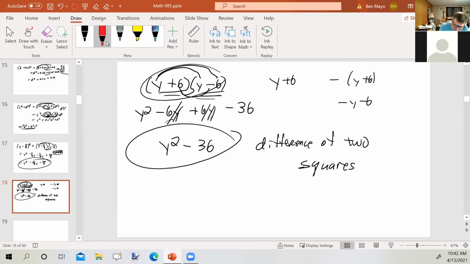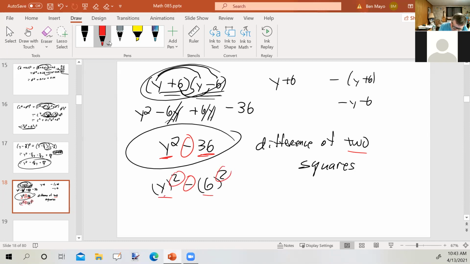First of all, difference because it is a subtraction, so it's a difference. And then 2 because there's 1, 2. But if we look at y squared, we could write it as y, the quantity squared. And 36 could be written as 6, the quantity squared. So in fact, we have the difference of two squares.